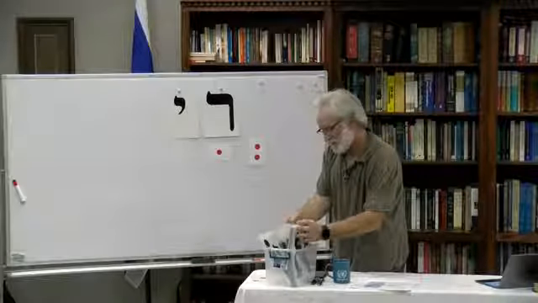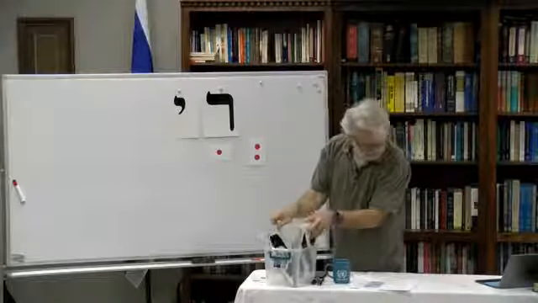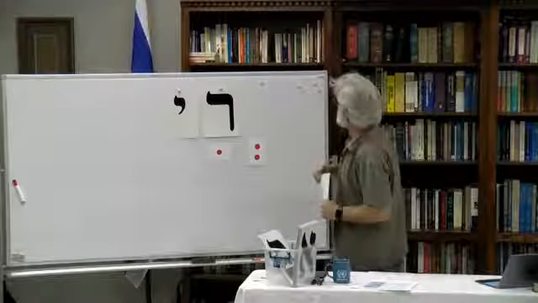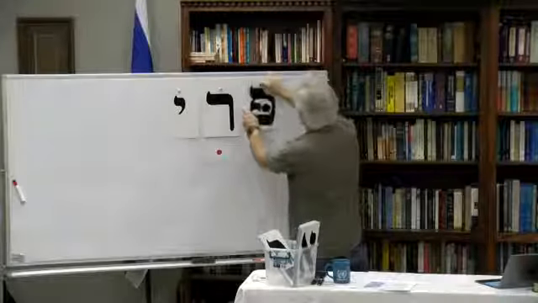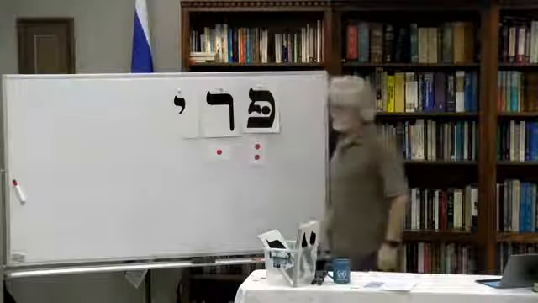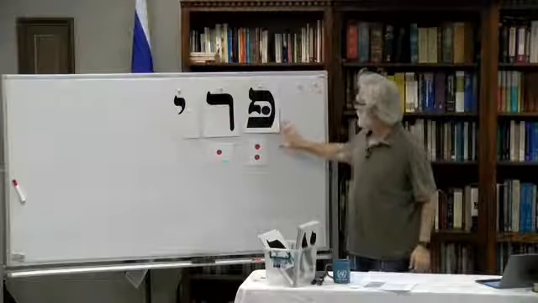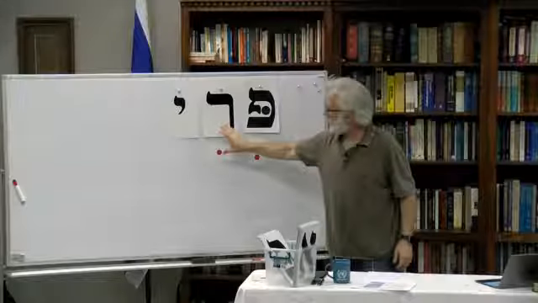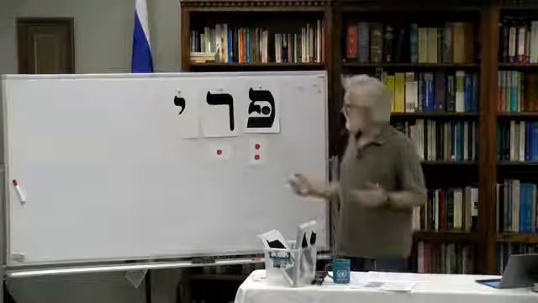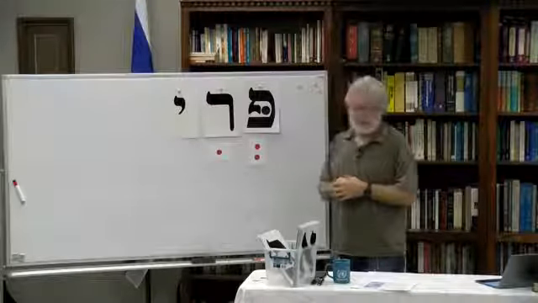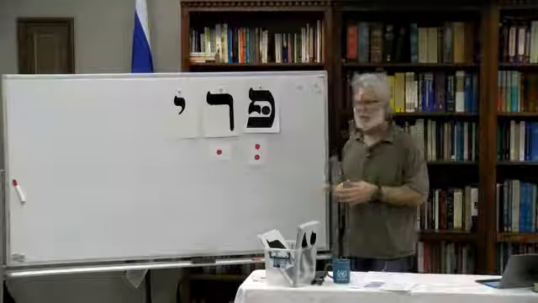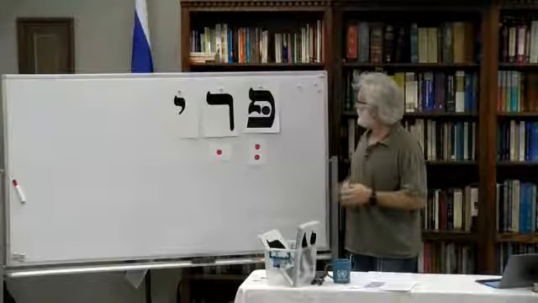So let me pull out my, what letter do you think it would be to make the P sound? Okay? Now, this particular word, it's pri. Pri. And what does it mean? It has to do with fruit. So this is that particular word.